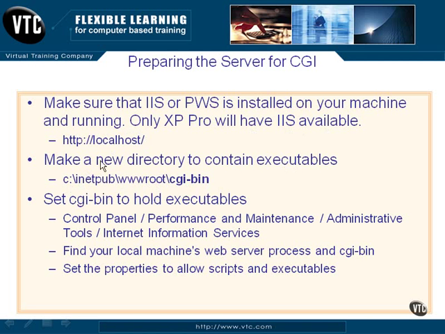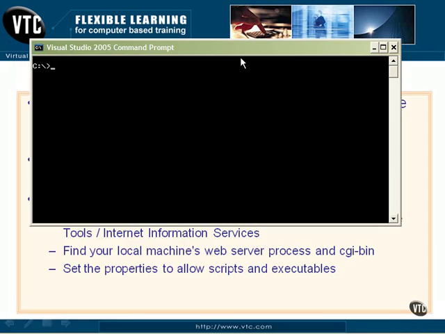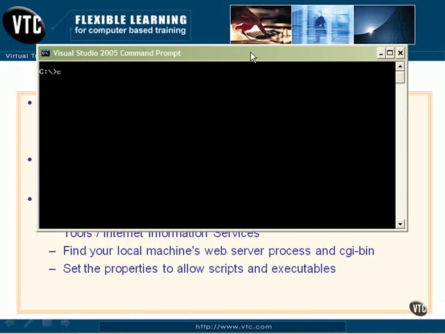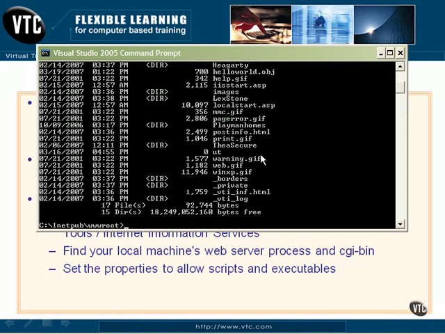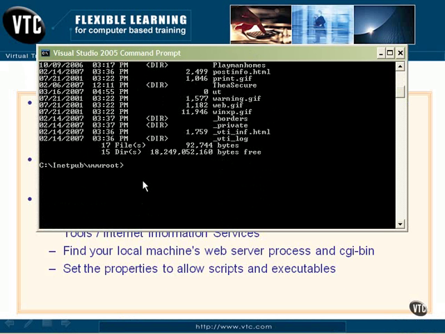We are going to create a new directory under there called CGI bin, and to do that, we rely on our good old Visual Studio command prompt here, and we will go to inetpub, wwwroot, and that has all of the files in it that come with the compiler. And yours might be a little bit different if you've already done some things with your web server.